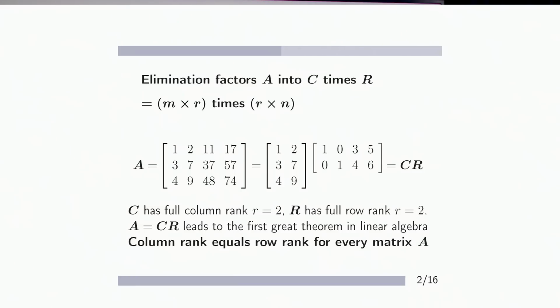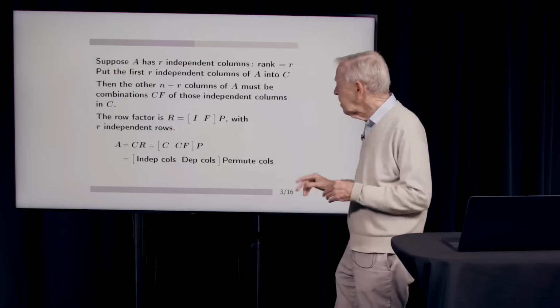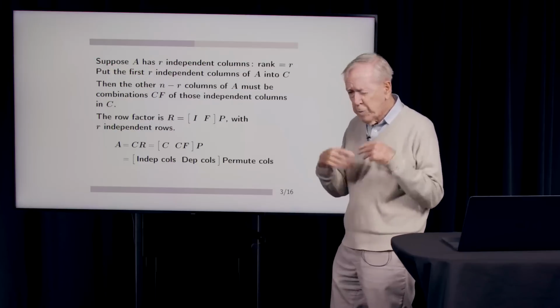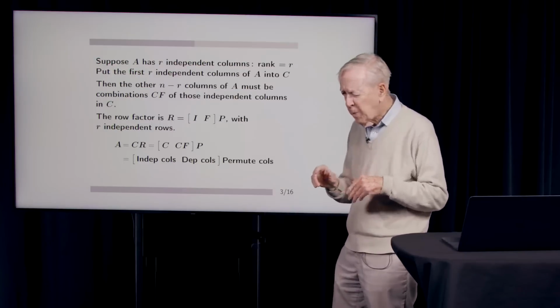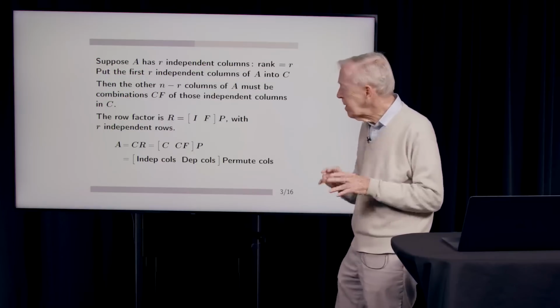If I take any matrix, and you just glance at it, you can't see how many rows are independent or how many columns are independent, but the number is 2 in both cases, always equal. Okay, now I have to use matrix notation to say what that R matrix is.